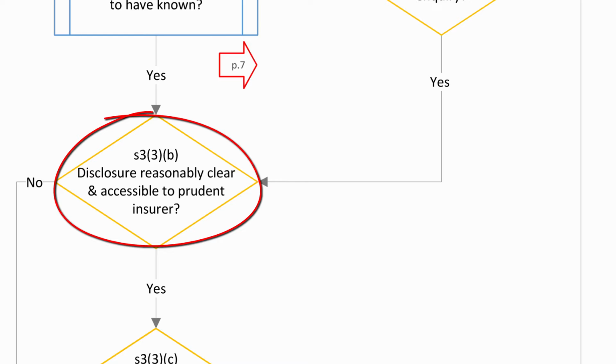There might be information in there that's technically been disclosed, which has been buried. You will have to consider whether the information is reasonably clear and accessible, again to the judgment of the prudent insurer. This provision was brought in to prevent data dumping, or simply throwing large amounts of data at insurers and expecting them to sort it out. Remember, insurance policies are still contracts of good faith, and it's for the insured to tell the underwriter about the risk, not the other way around.